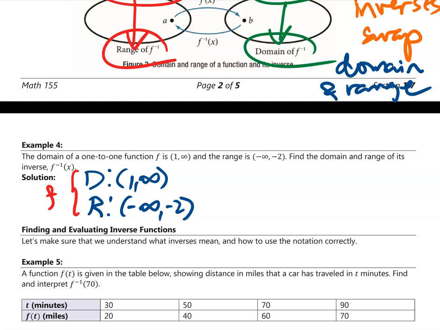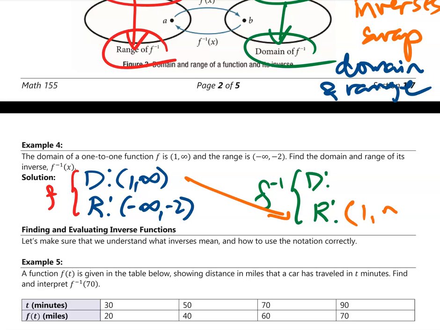And then for f inverse, remember inverses swap. So this 1 to infinity is going to be the range, and the range here is going to be the domain, that is from negative infinity to negative 2. Okay?